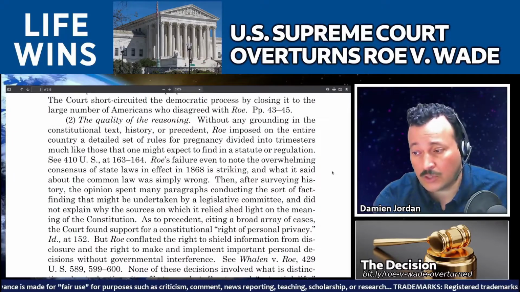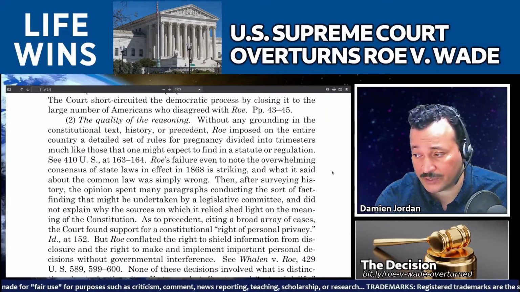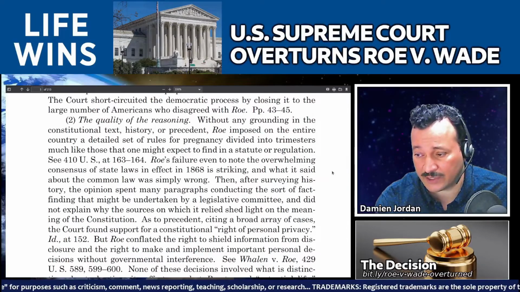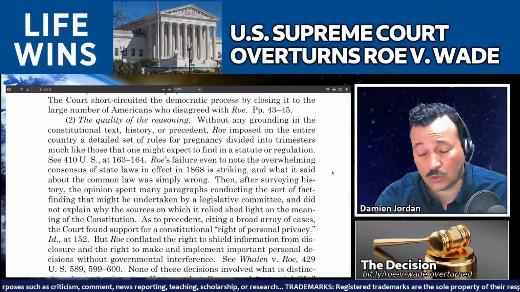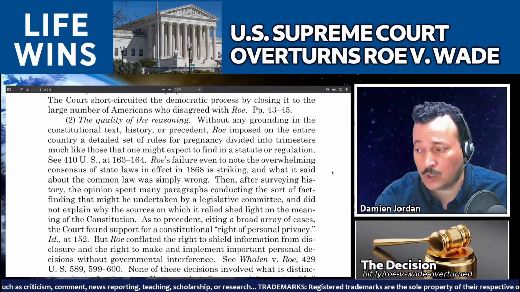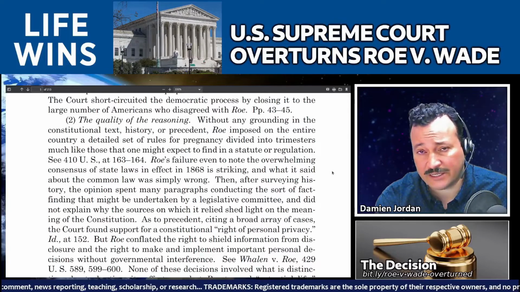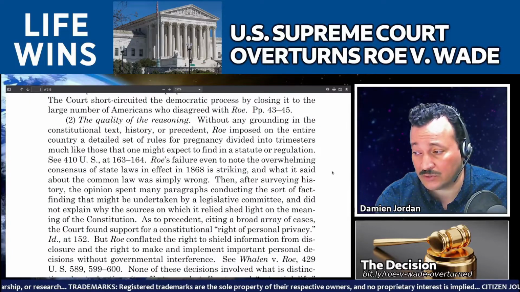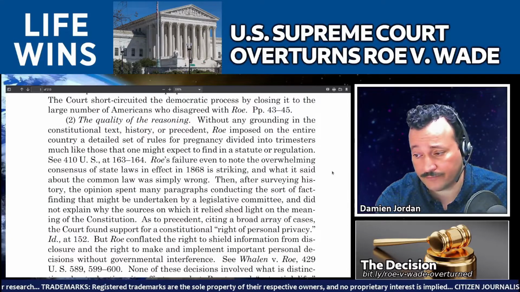Number 2, the quality of the reasoning. Without any grounding in the constitutional text, history, or precedent, Roe imposed on the entire country a detailed set of rules for pregnancy divided into trimesters, much like those that one might expect to find in a statute or regulation.